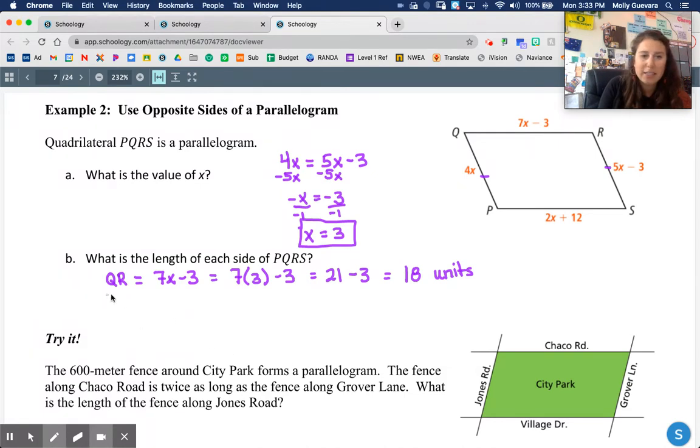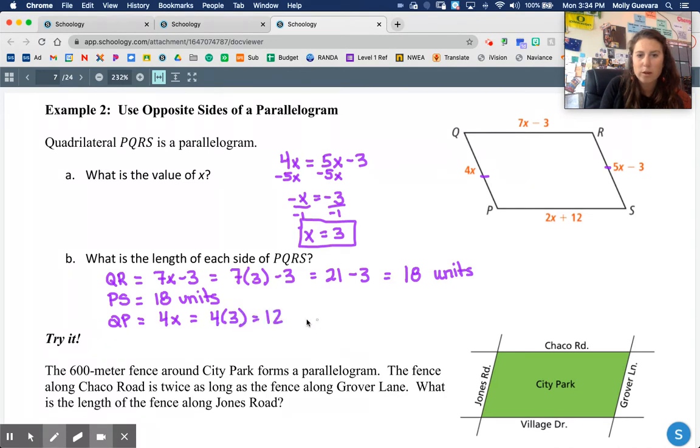If QR is 18 units, then I know that PS is also 18 units. I don't have to do the math on that because remember, opposite sides are equal. Now I'm going to do QP, which is 4x, but I know what x is, right? It's 3.